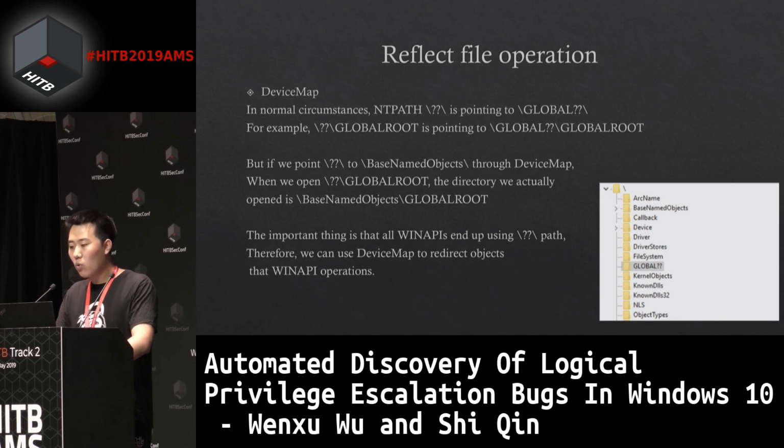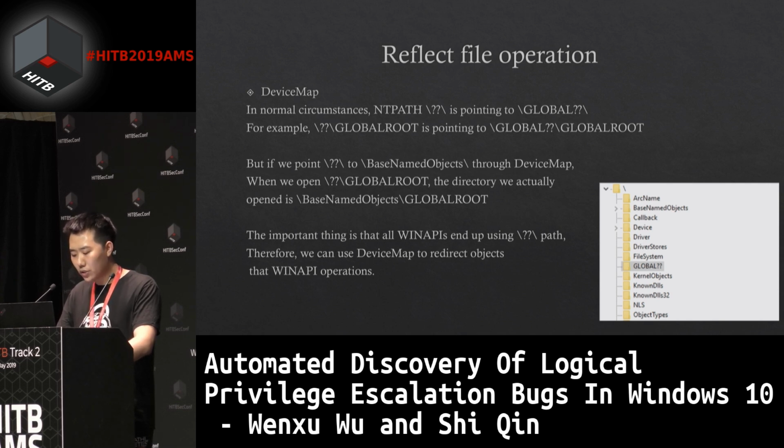Double question mark in an NT path is usually pointing to the global double question mark path. For example, double question mark global root is pointing to global double question mark global root.